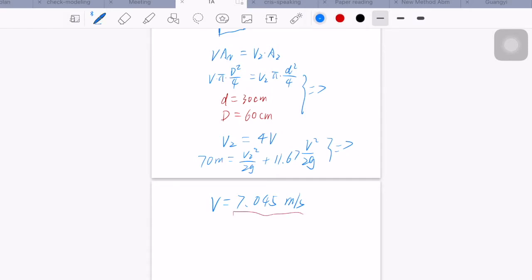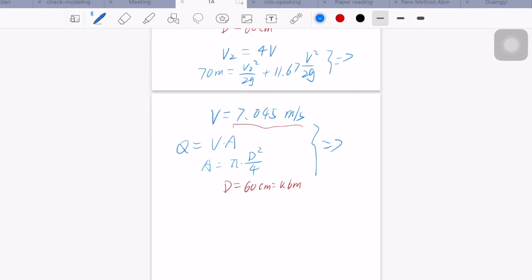And we know Q equals V times A, and A equals pi times d squared over 4. We know D is 60 centimeter, equals 0.6 meters. So we can determine that the discharge Q is 1.99 cubic meters per second.